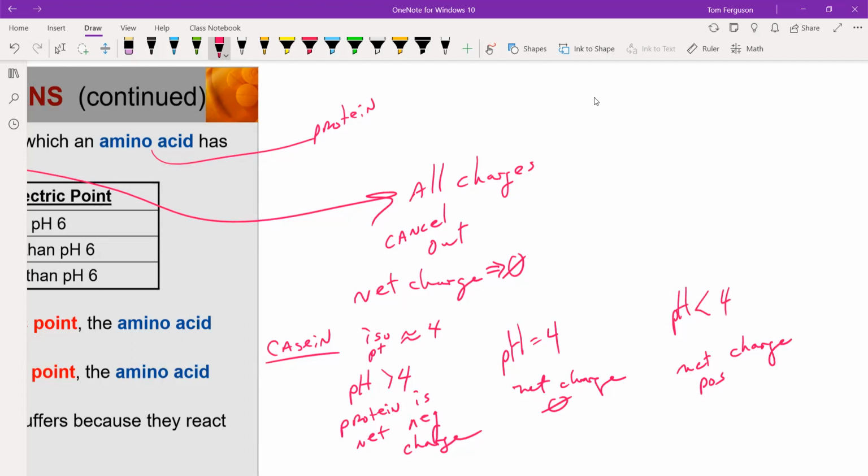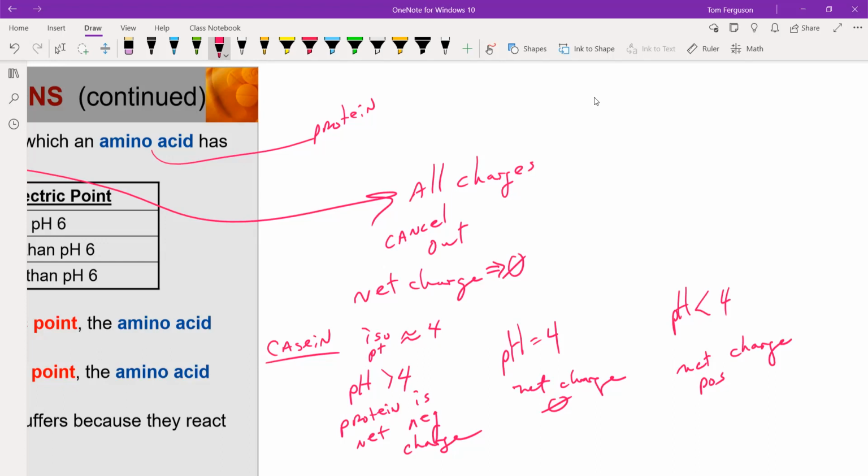So when you have a glass of milk, what do you think the pH of your glass of milk is, approximately? To answer that question, is your milk sour, neutral, or bitter? Neutral.